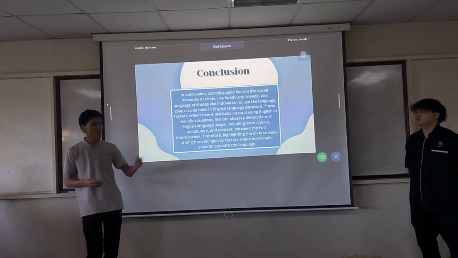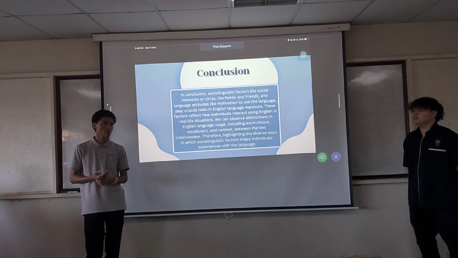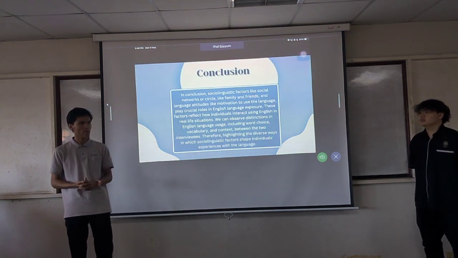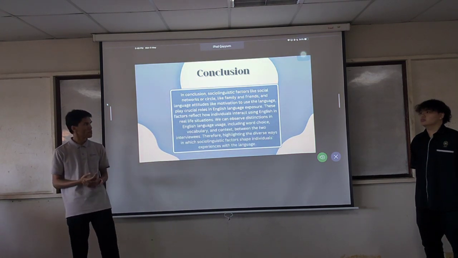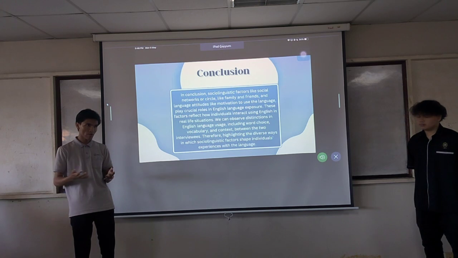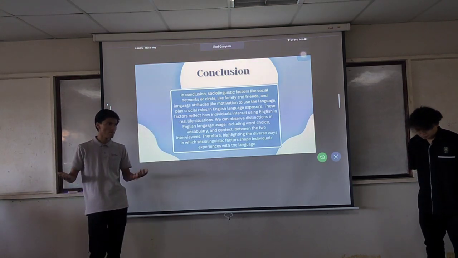And they all play a crucial part in language exposure. For this case, we can see the English language exposure varies from person to person. And these factors reflect how individuals interact using the English language in real life situations as well.